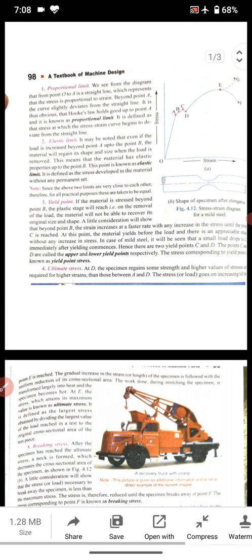At point A, the stress which attains its maximum value is known as ultimate stress. That is, at point A, your specimen is achieving a maximum value, and after this point the stress value goes on decreasing corresponding to strain value.